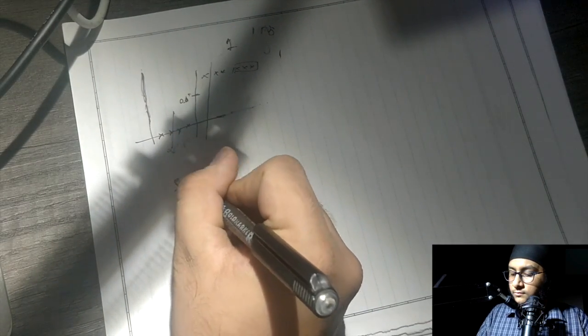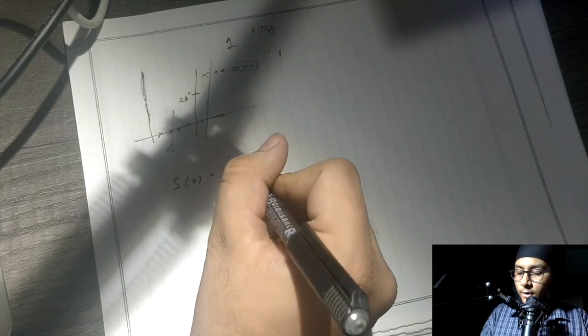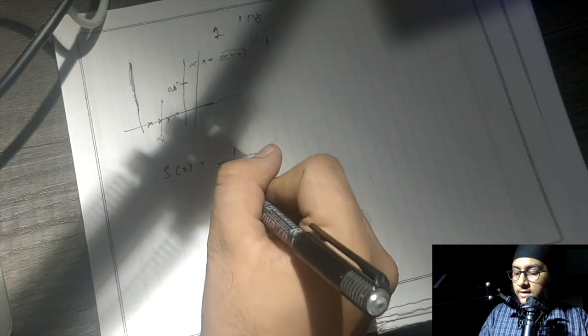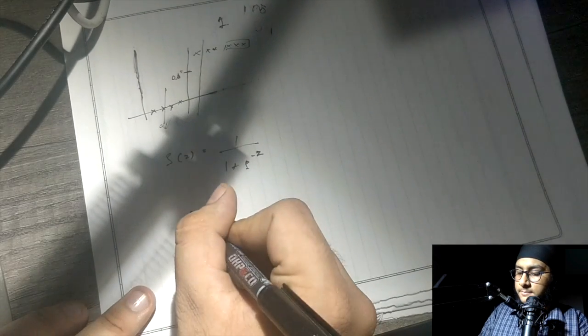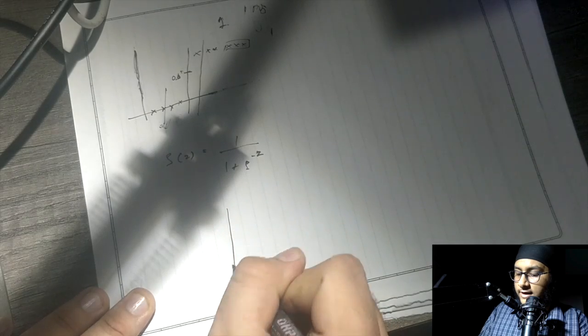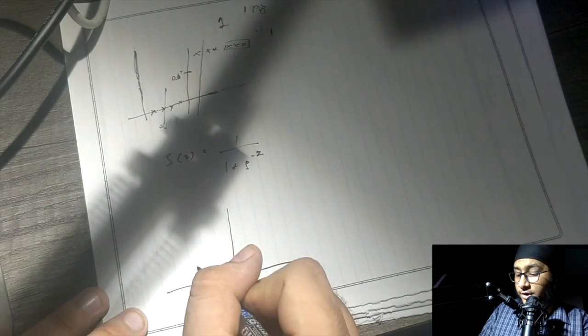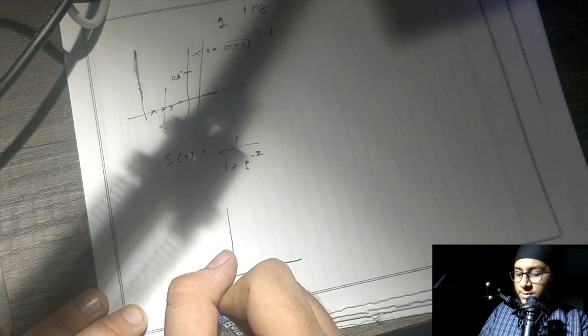So what actually is the sigmoid function? We represent the sigmoid function as S(z) = 1 / (1 + e^(-z)). If we plot the graph of the sigmoid function, it would look like this. And please bear with me, I have really bad handwriting and drawing.